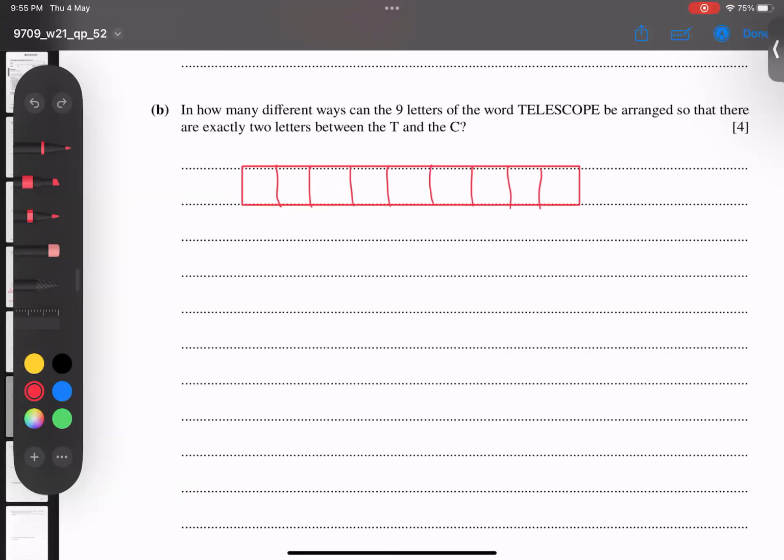So 9 boxes are there. And what he's saying is that T is in the beginning, and there are 2 spaces between, and C comes. So this is what he talks about, but these possibilities are many.